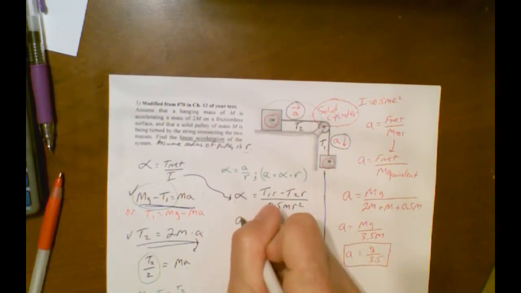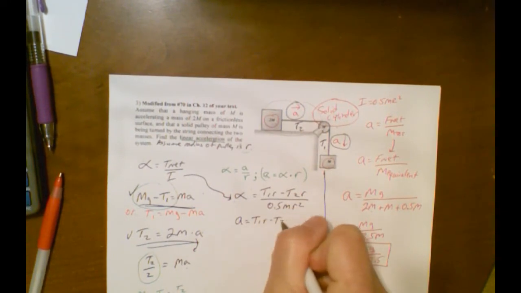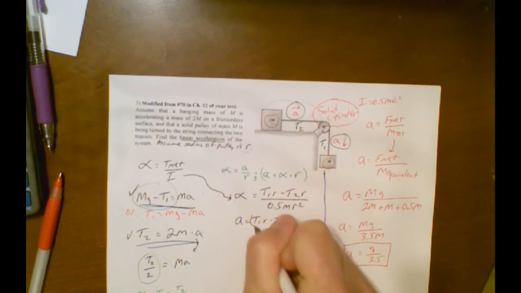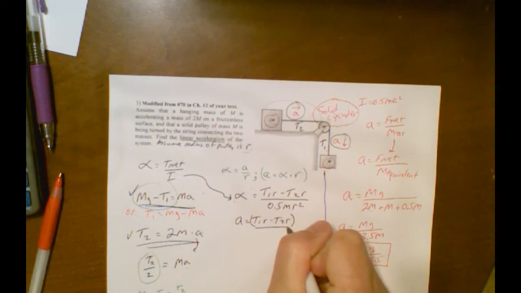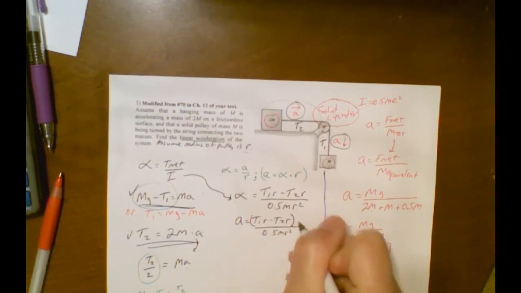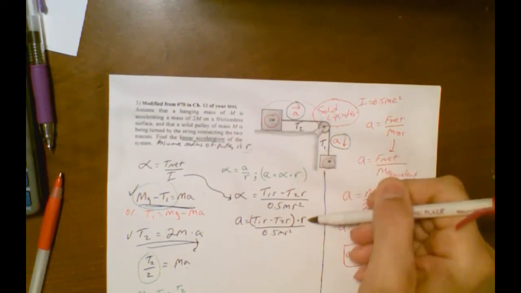So a is equal to T1r minus T2r over 0.5 mr squared. Now we're going to multiply that by r. That's this coming back down.